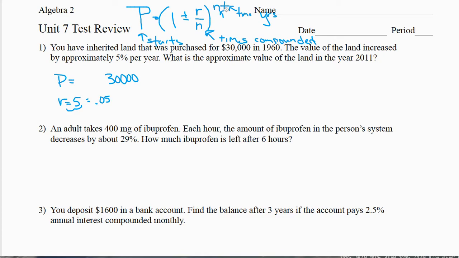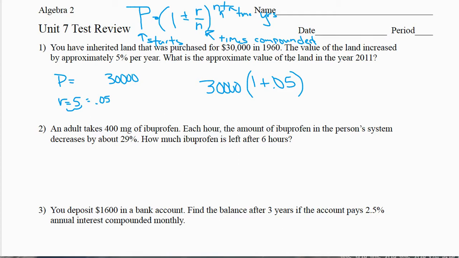And 1 times the time is just the time. Okay, so we have $30,000 times 1 plus 0.05 to the, and it says to the T, how many years is this?